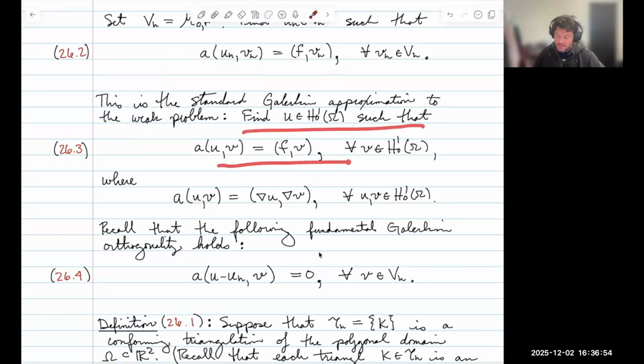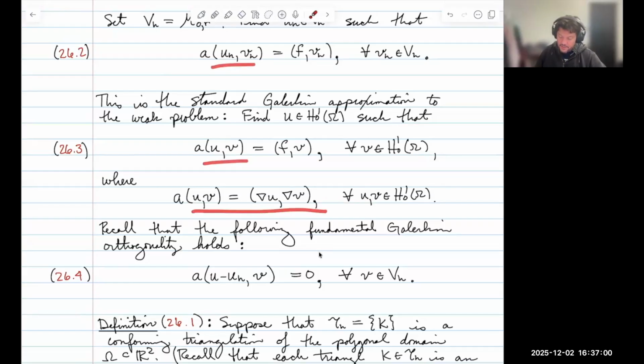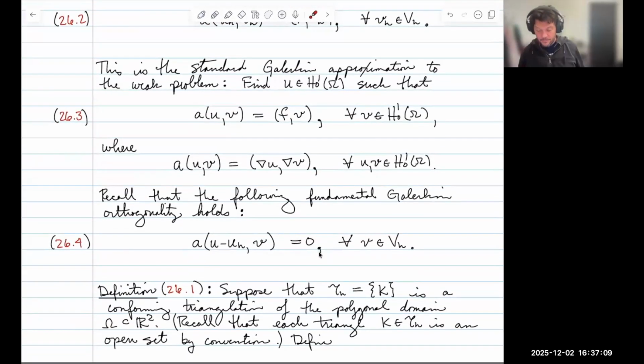Our weak problem is stated very similarly. The bilinear form a is just the gradient of u, gradient of v in the L2 inner product. And the great thing about this problem is that we have this rock solid fundamental Galerkin orthogonality condition.